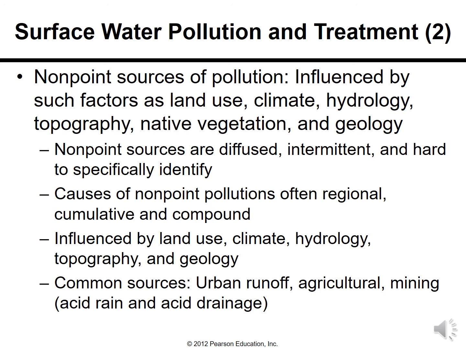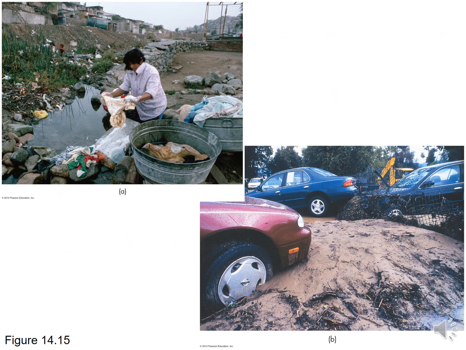Causes of non-point pollution are often regional, cumulative, and compound, influenced by land use, climate, hydrology, topography, and geology. Common sources are urban runoff, agricultural practices, and mining, like acid rain and acid drainage. Here's a picture where you can see the sediment contamination and water contamination.